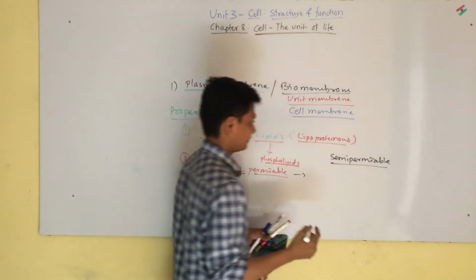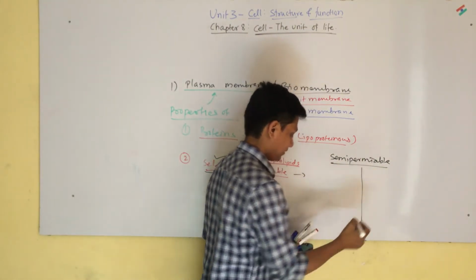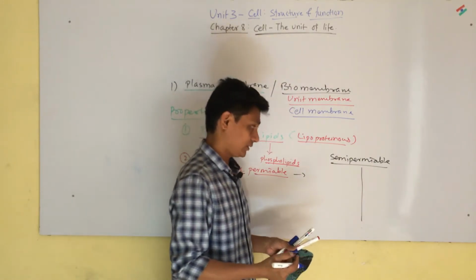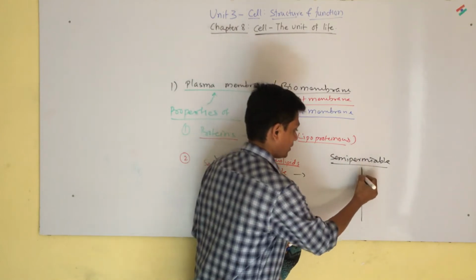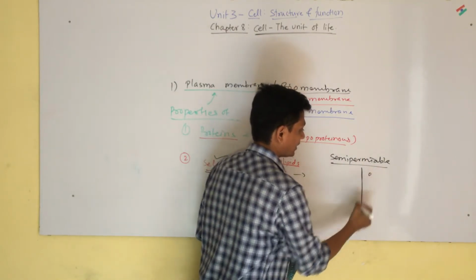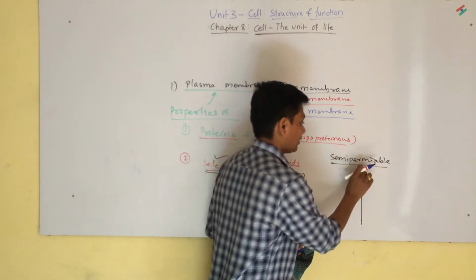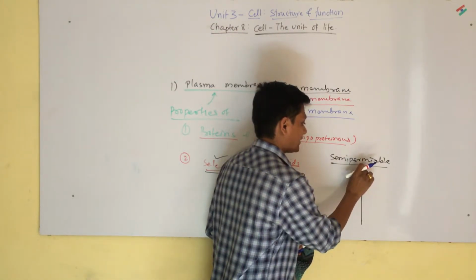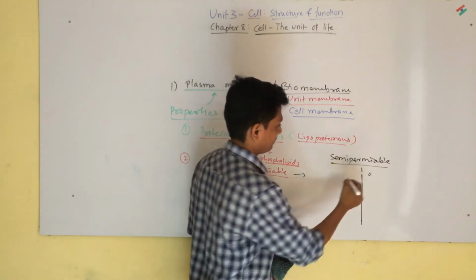Semi permeable is the nature by which a membrane which is porous allows the material which is exactly similar to or less than the aperture size.